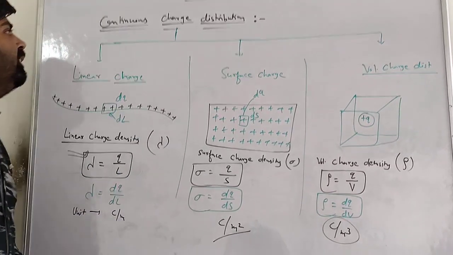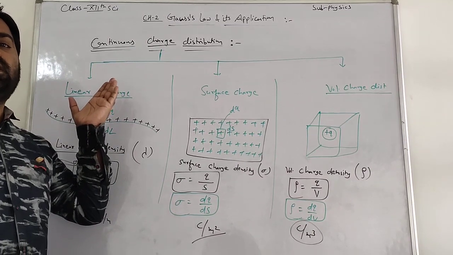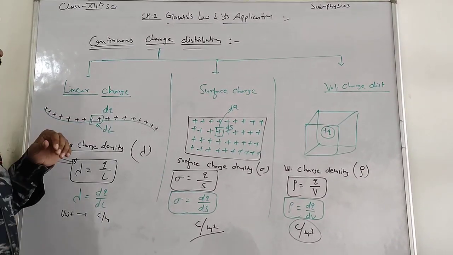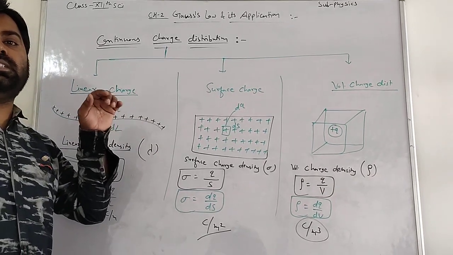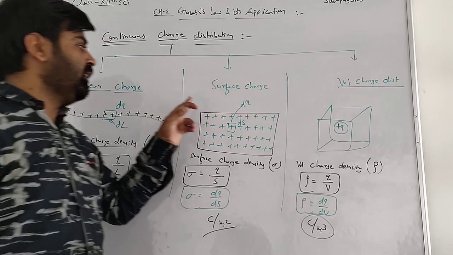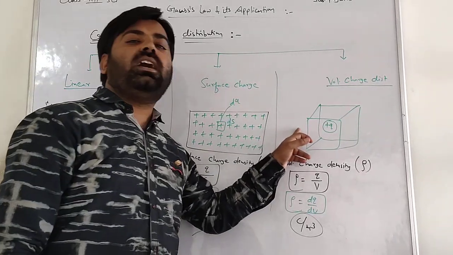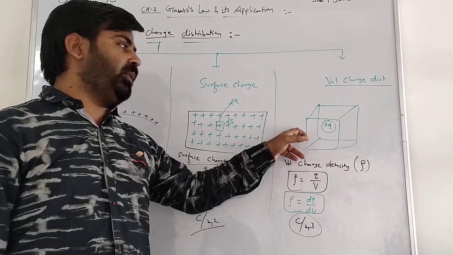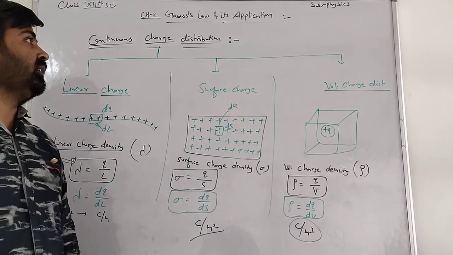So these are the continuous charge distributions. There are three charge distributions according to the shape of the conductor. If the shape of the conductor is linear or a thin wire, we discuss linear charge distribution. For a thin sheet, we discuss surface charge distribution, and for a non-conducting sphere or cube, we discuss volume charge distribution.